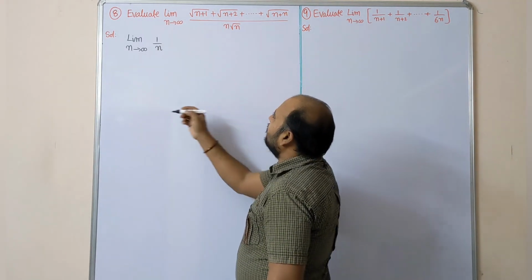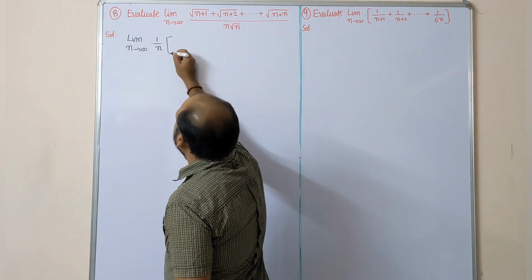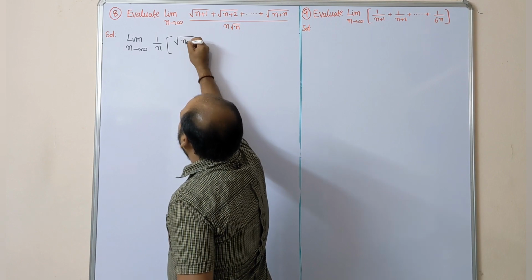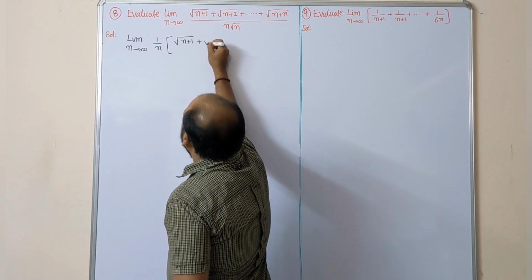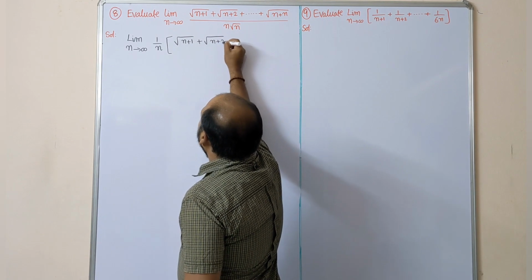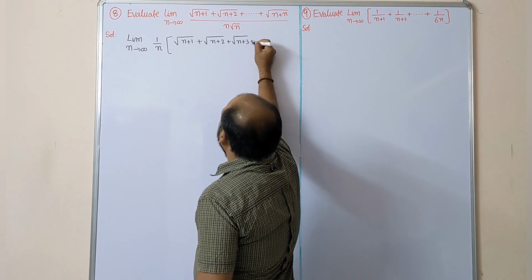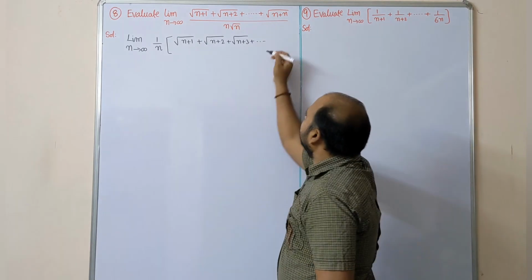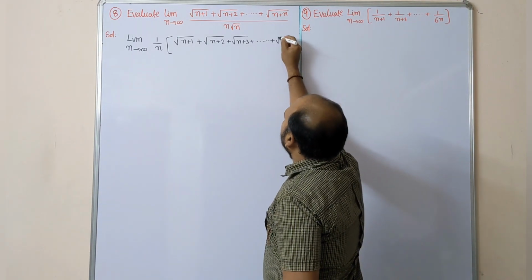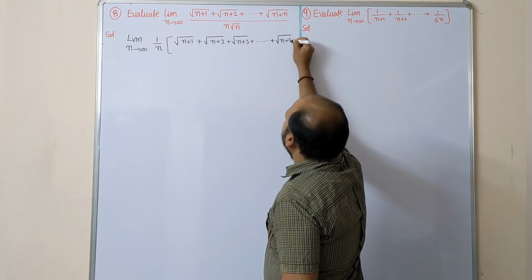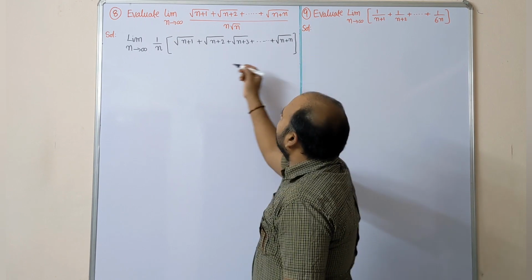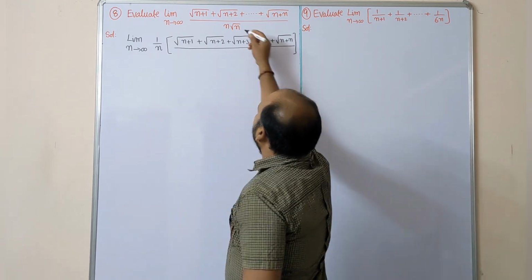So the rest of the terms, observe carefully: root n plus 1 plus root n plus 2 plus root n plus 3, plus and so on, root n plus n, divided by root n.